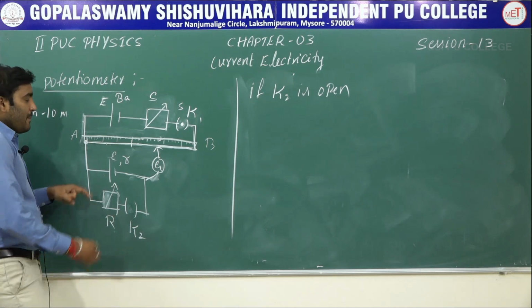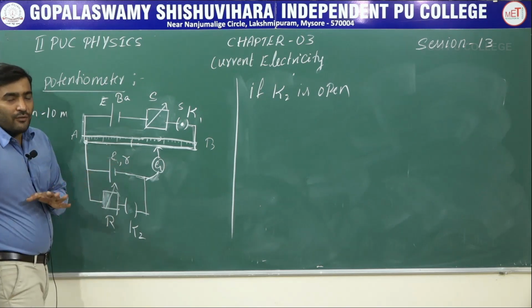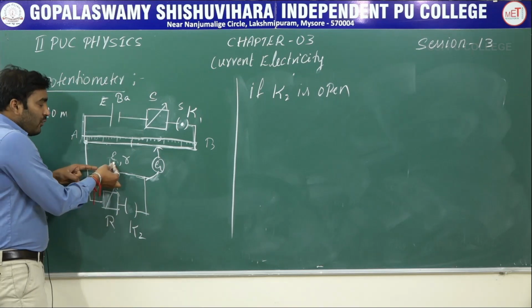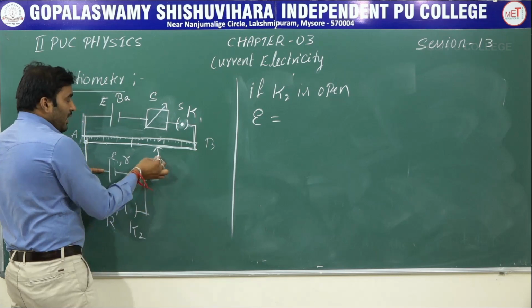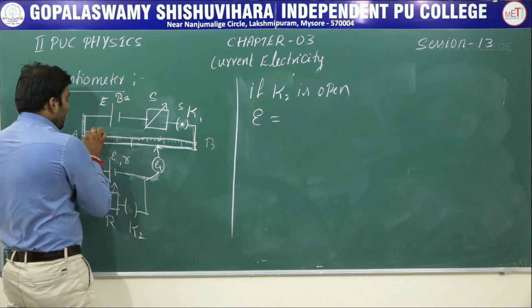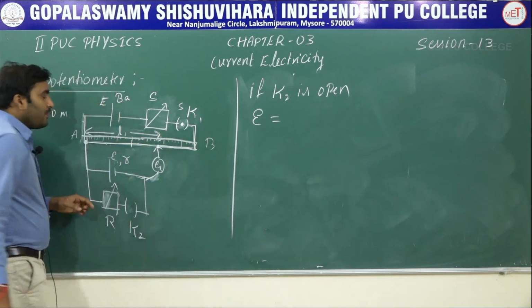So if I measure the potential difference across this cell, that will be equal to the EMF of the cell. So the EMF of the cell is written as E is equal to, if I find the balancing point somewhere here, I will call the length L1, this length L1.